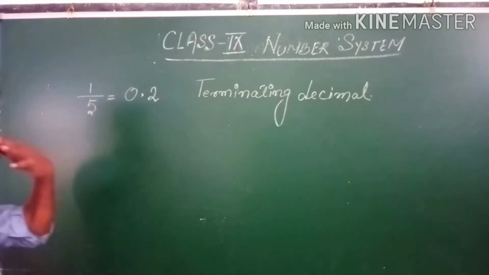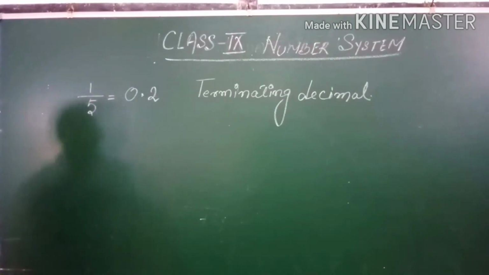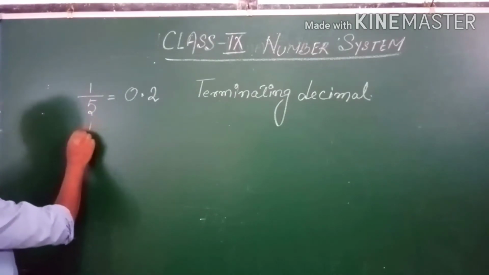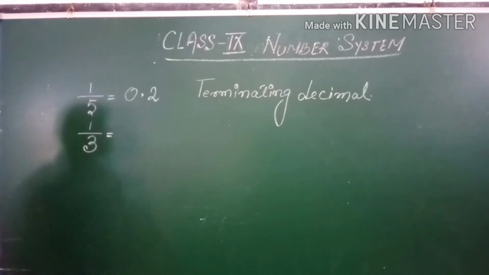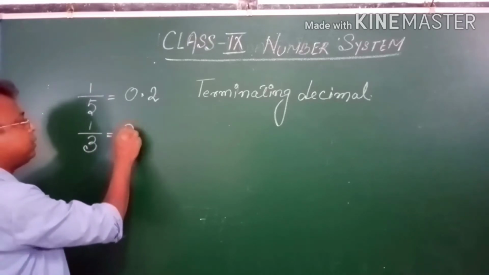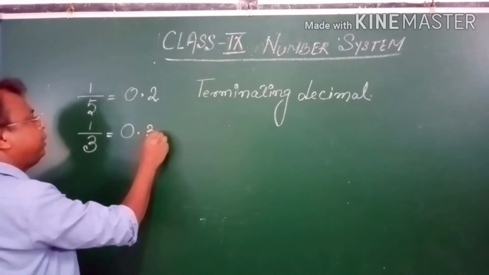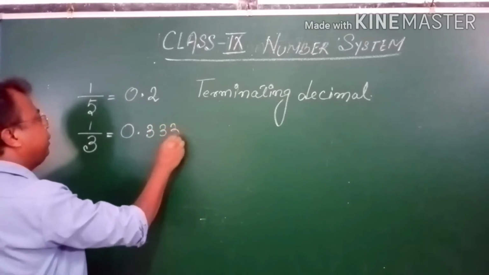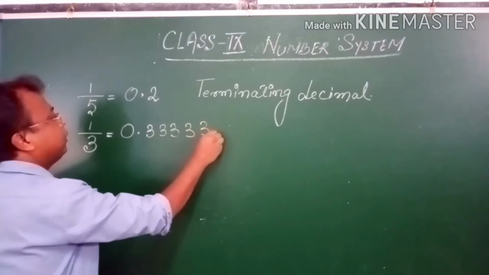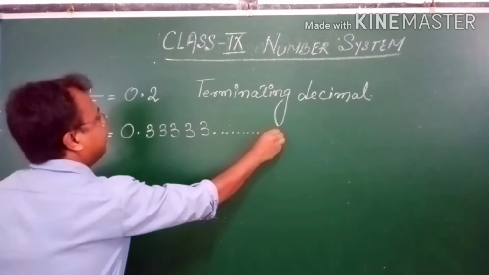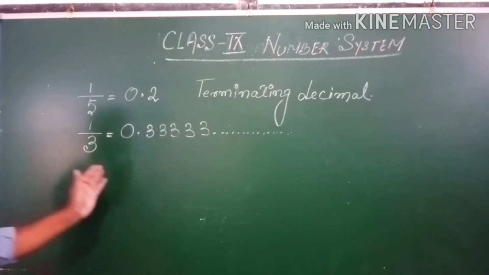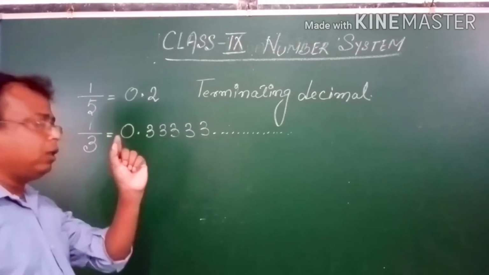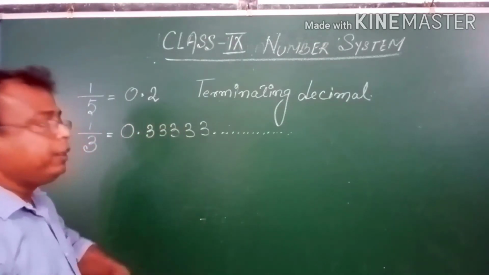Alright? Now again I am going to divide 1 by 3. You know how to divide it. When I divide 1 by 3, I will get the answer like this: 0.3, 3, 3, 3, 3. It will never end. It will go on. Understood? 3 will repeat after the decimal. You see one digit, 3, will repeat again and again.